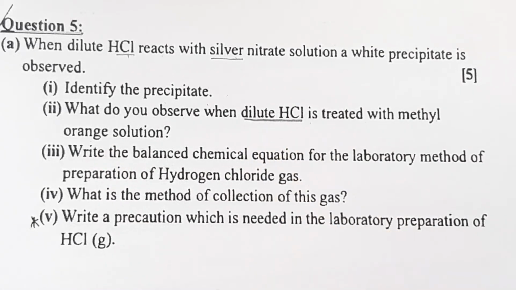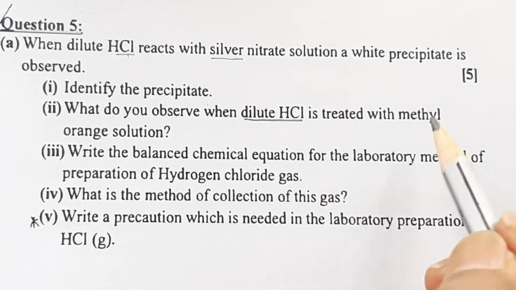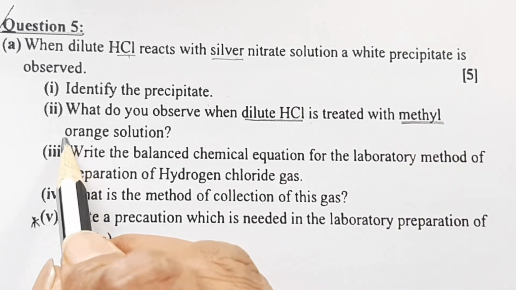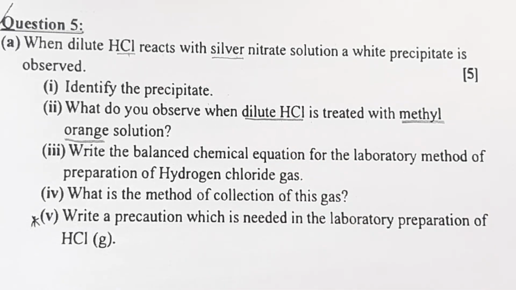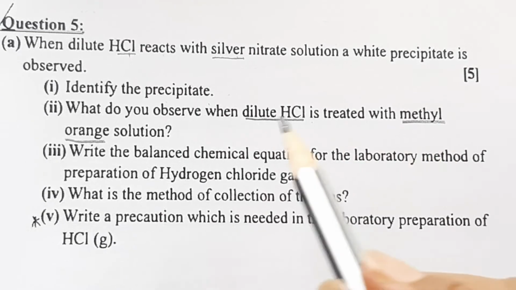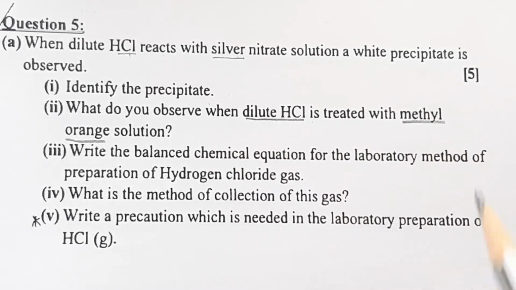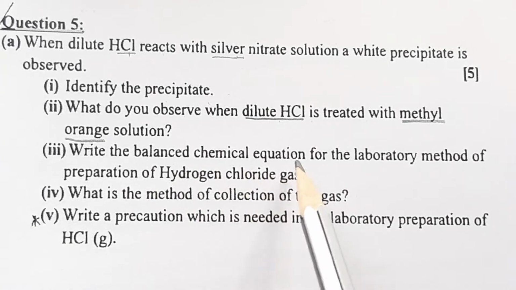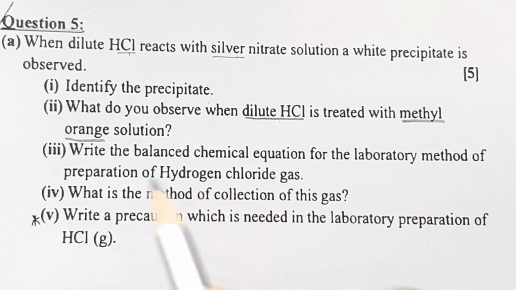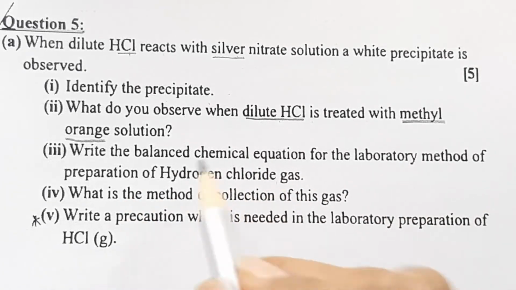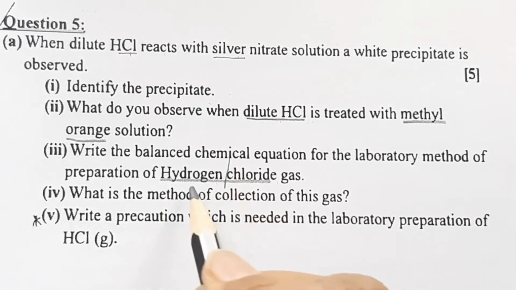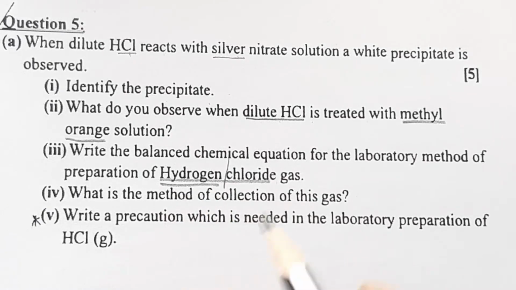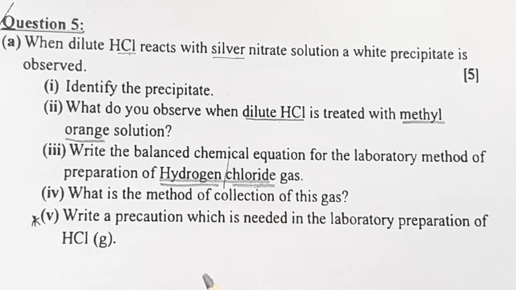What do you observe when dilute HCl is treated with methyl orange? Now dilute HCl is acidic in nature and methyl orange is orange in color, and it turns pink in acidic and yellow in alkali. So here the color change will be from orange to pink. Write the balanced chemical equation for the laboratory preparation of hydrogen chloride gas. Now if I have hydrogen chloride gas, I will take something that will give me H and something that will give me chloride.